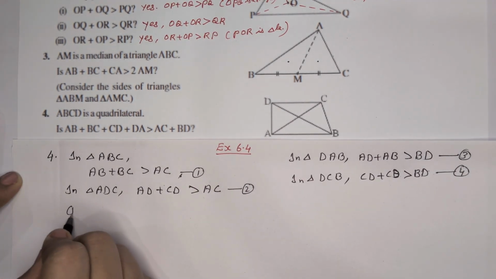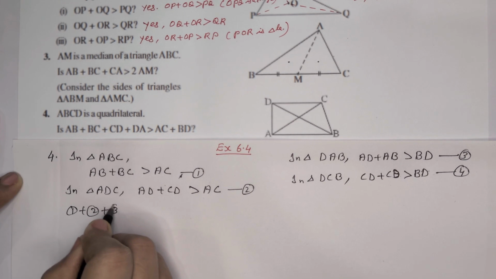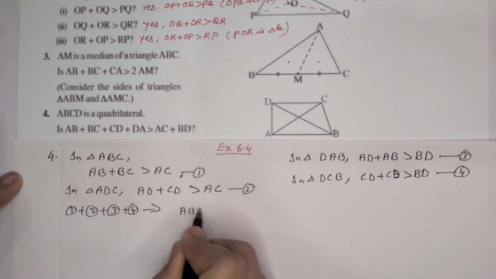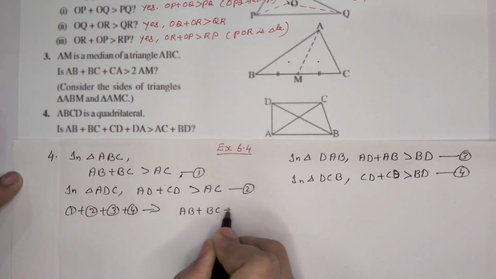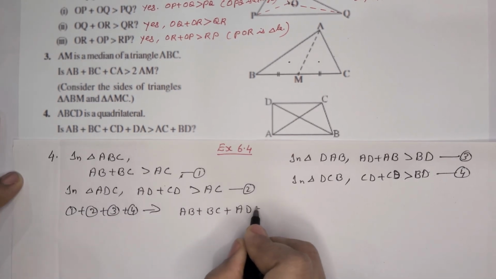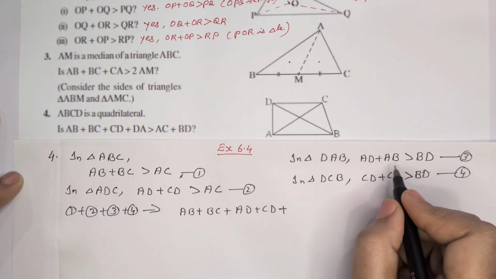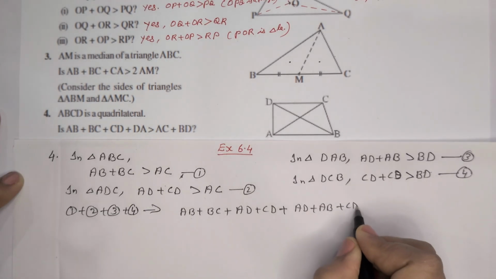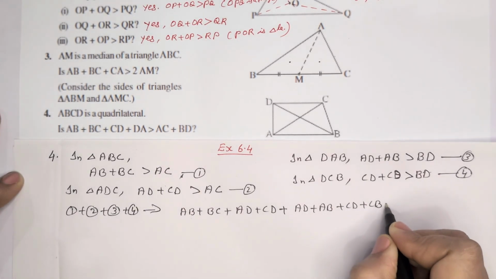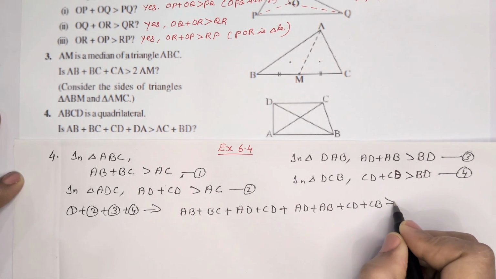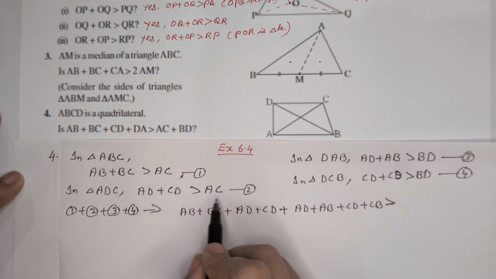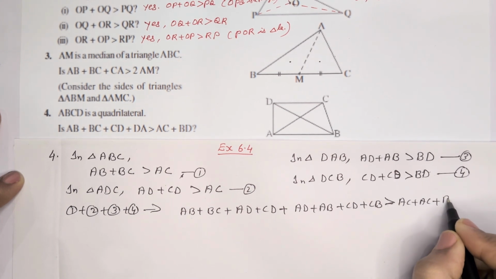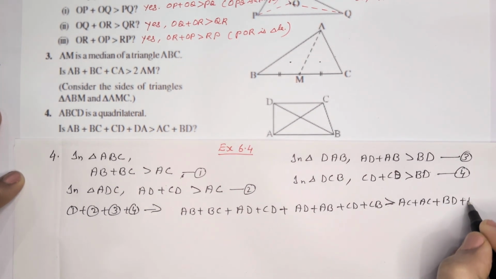When we add all these four, 1 plus 2 plus 3 plus 4, on the left side we get AB plus BC plus AD plus CD plus AD plus AB plus CD plus CB, which is greater than the right side, AC plus AC plus BD plus BD.